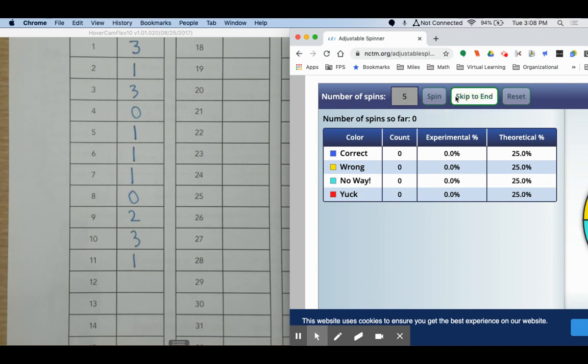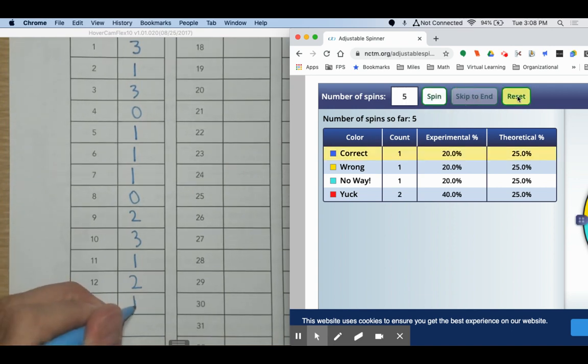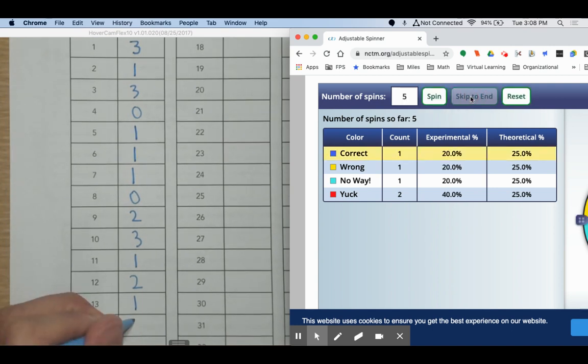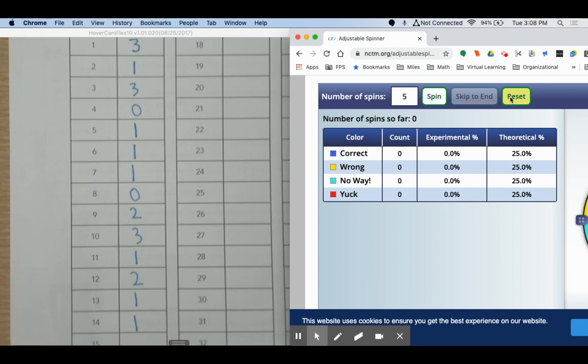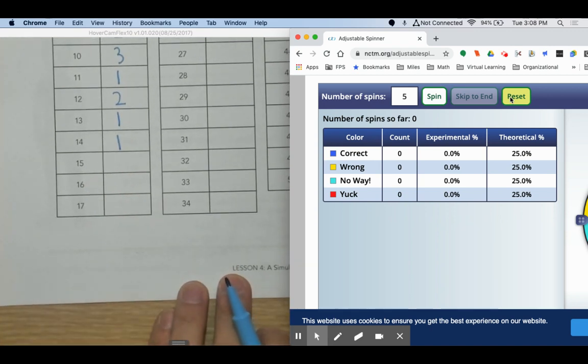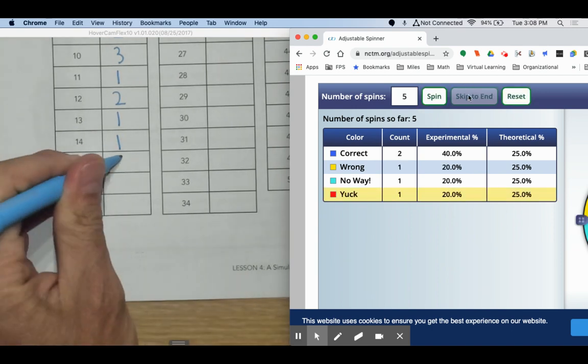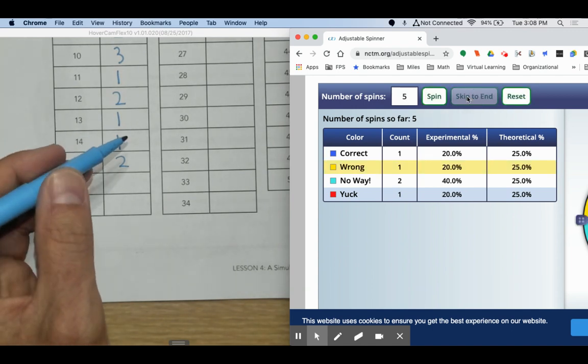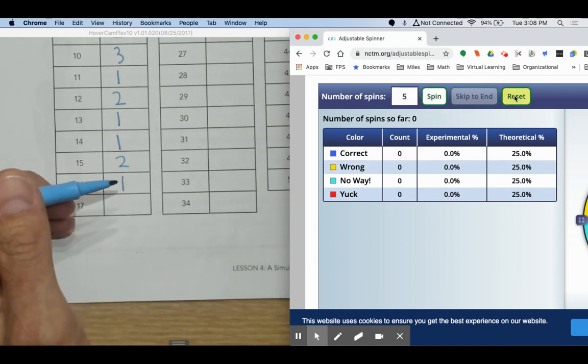Reset, spin, skip to the end. 2. Reset, spin, skip to the end. 1. 1. Reset. Spin, skip to the end. 2. Reset, spin, skip to the end. 1. Reset.